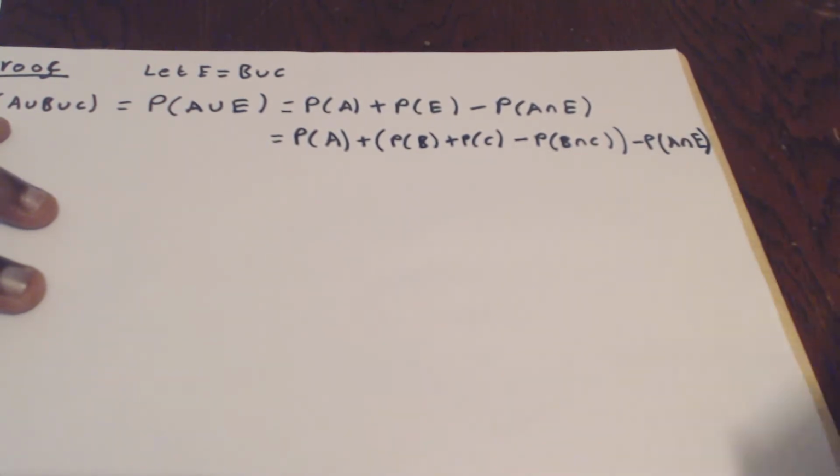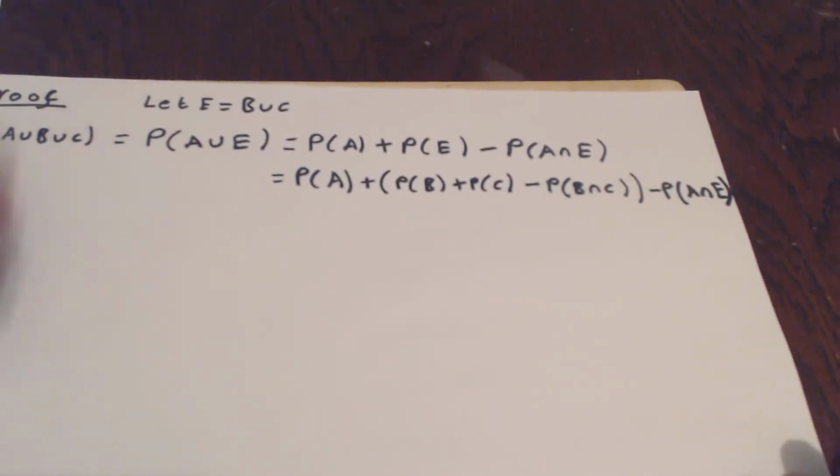Hopefully that's a bit clear. This is A intersection E. I'm just trying to squeeze this on the end. I probably should have written it on the line below.